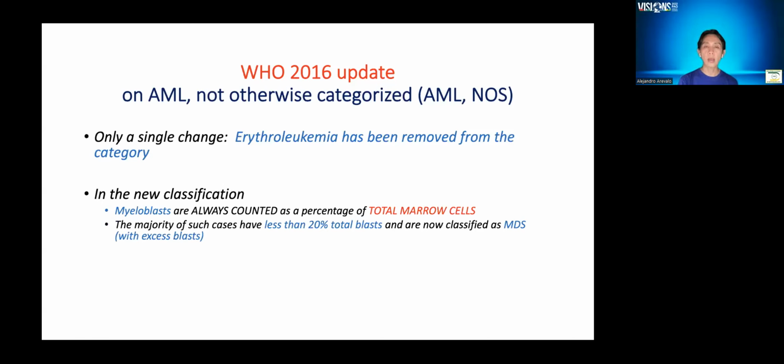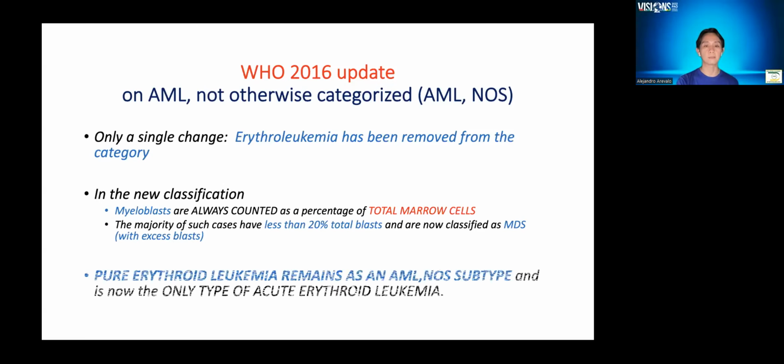And that's the reason why erythroleukemia has been removed from the category of M6 AML. And the only acute erythroid leukemia that remained in the 2016 WHO classification would be the pure erythroid leukemia.